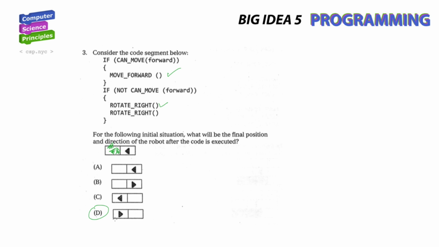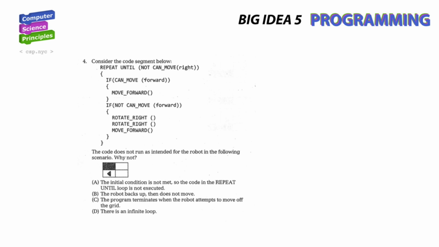All right, so next is number 4. Here goes. So in this one, we start with this situation, and if we jump below the code segment, we're told the code does not run as intended for the robot in the following scenario. Why not? So here it is, and we're told repeat until cannot move right.